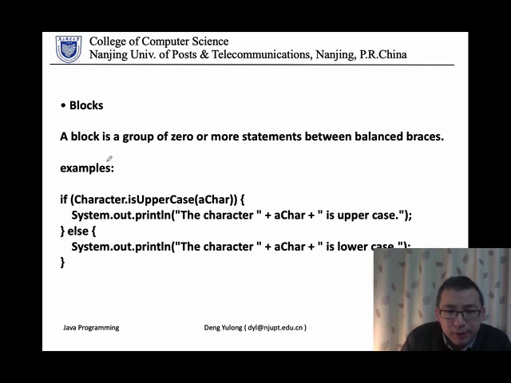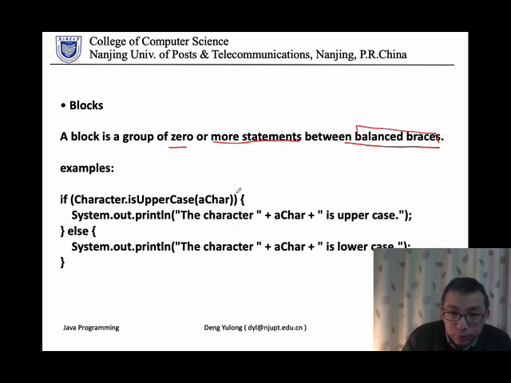What is a block? A block is a group of zero or more statements. We put these statements in the block. A block is marked by balanced braces. For example, now we have two blocks.